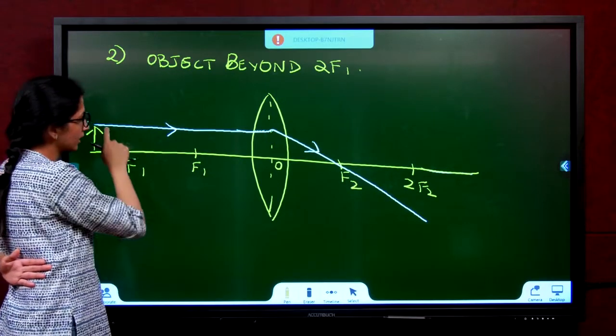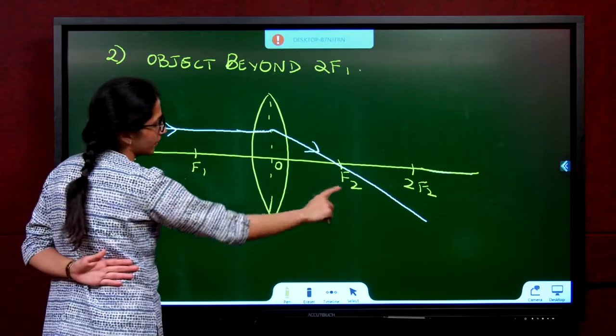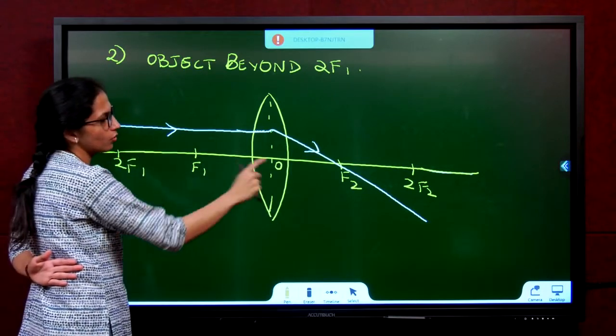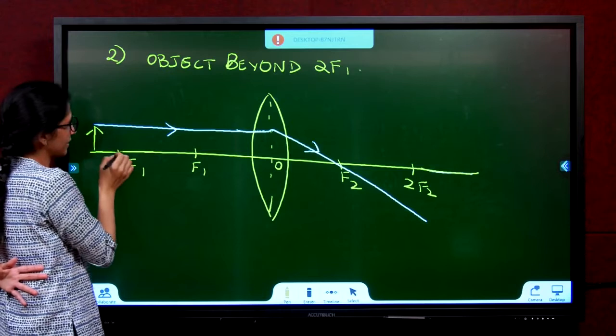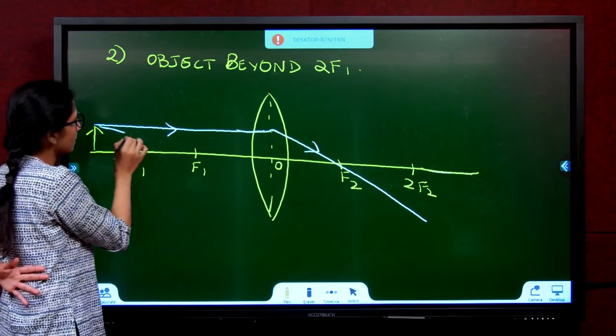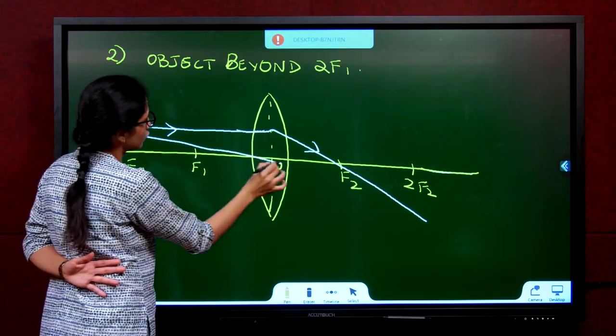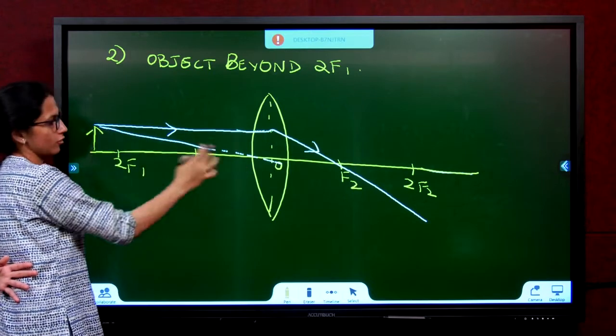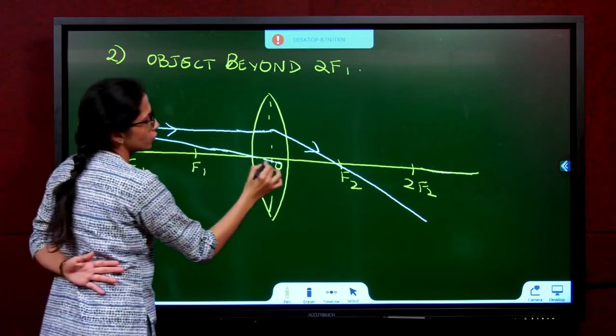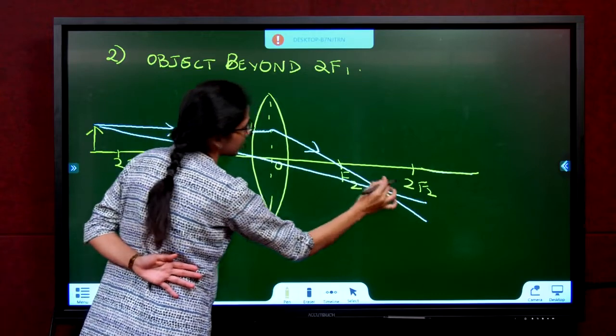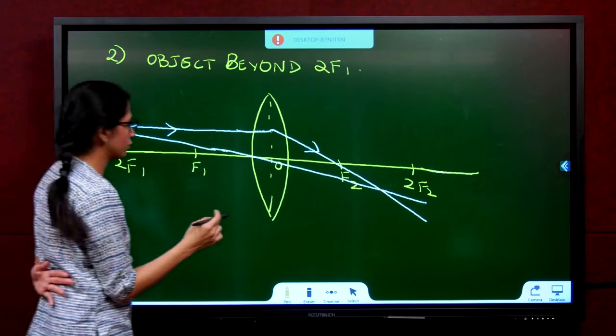Next, you can either take a ray passing through focus going parallel, or you can take a ray going through O. O is very easy, so I will be taking a ray going through O. Take your scale, join O and this point, the arrow's top head and O. You will see that it meets somewhere between F2 and 2F2.